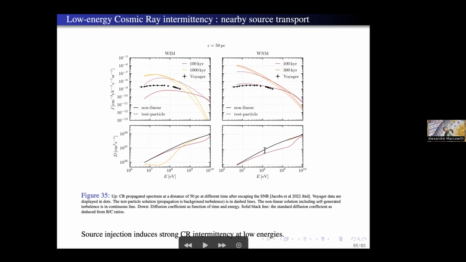They solve a couple of equations of cosmic ray pressure and wave pressure, and calculate the cosmic ray spectrum escaping as a function of time. You see that you can have substantial confinement: the diffusion coefficient, with respect to what we should have from the B over C measurement, which is the solid line, is substantially reduced for some time, up to 1 million years around a source. So this points toward the low energy cosmic ray distribution being likely very intermittent in our galaxy.